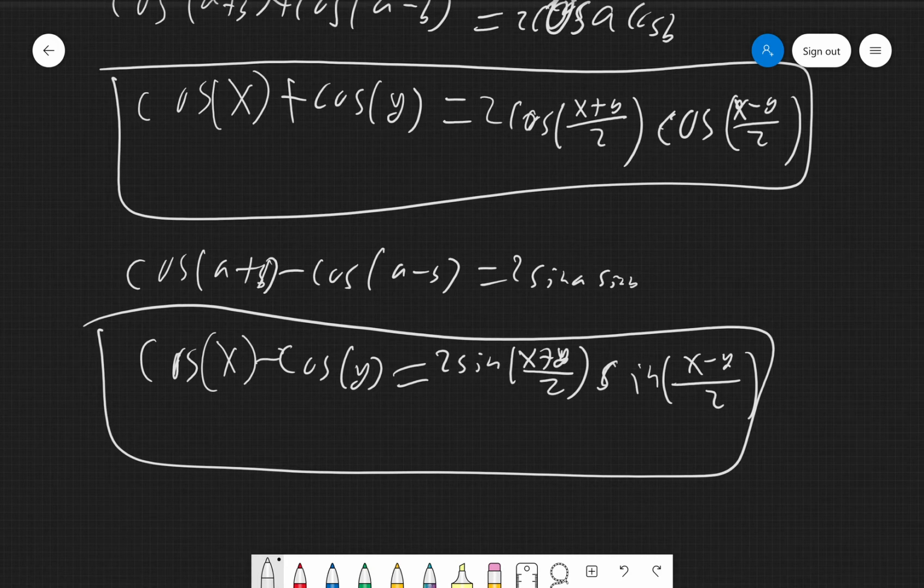That's equal to, cosine of. I'm confused. What did I do wrong here?